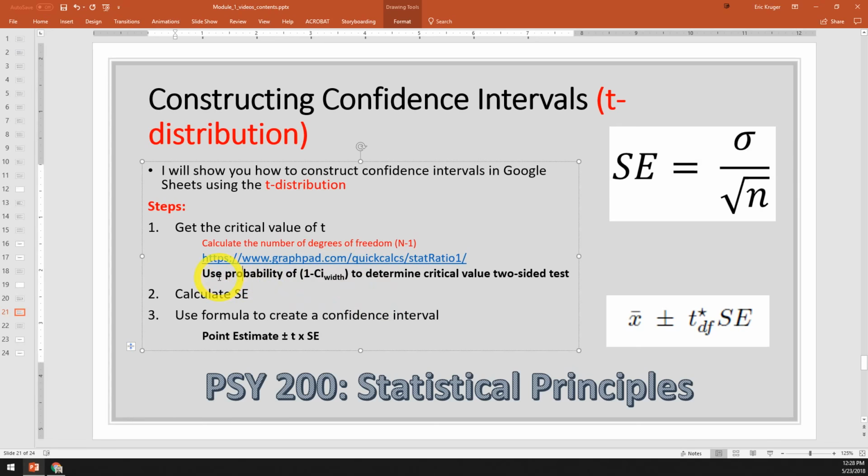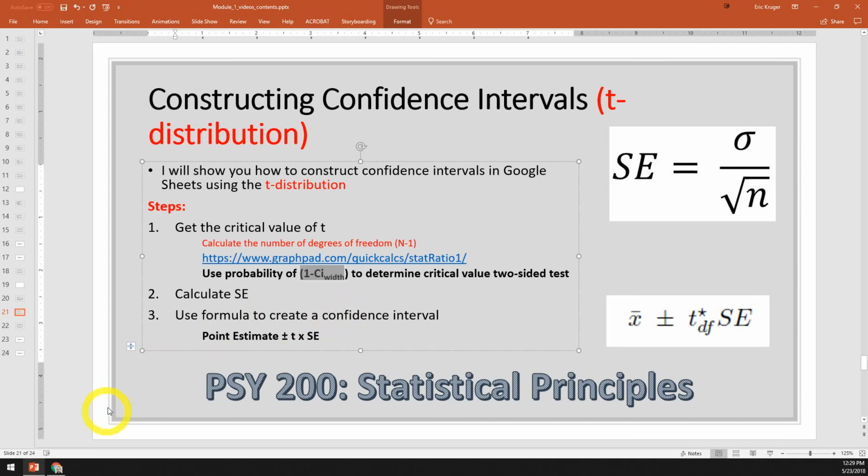And we want to use the probability, which is 1 minus the CI width, for a two-sided test to get the correct critical value. And remember, from previous videos, that 1 minus the CI width is otherwise known as our alpha level.